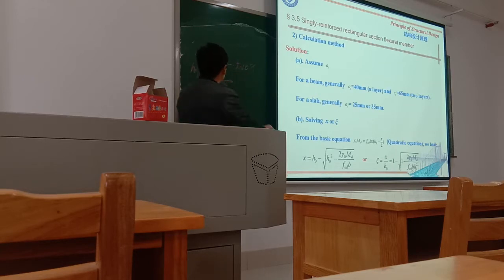B is the width of the beam. X is the compression height. So this is the compression force in the compression area of the concrete.